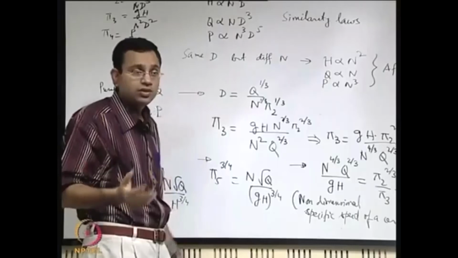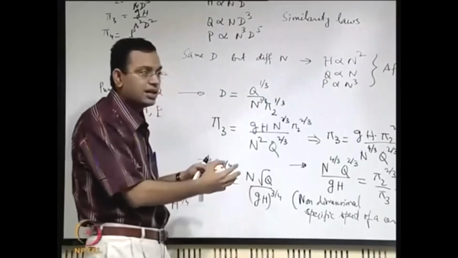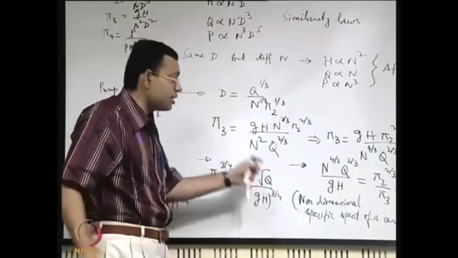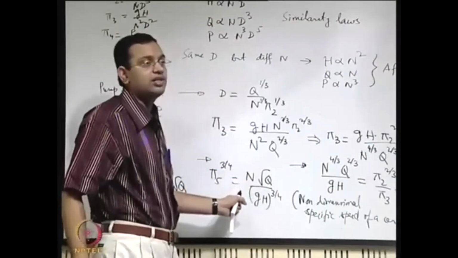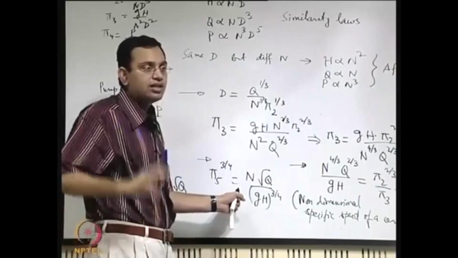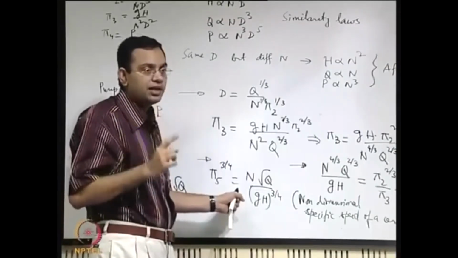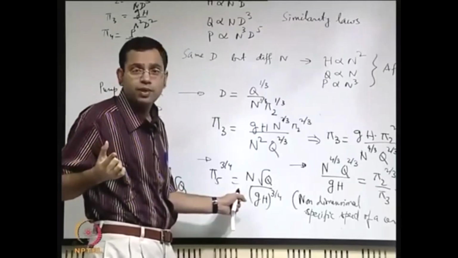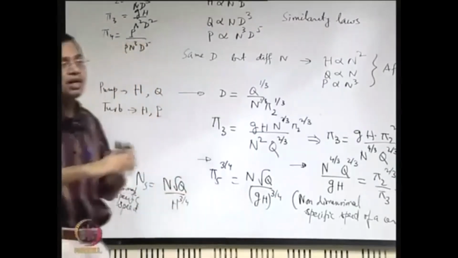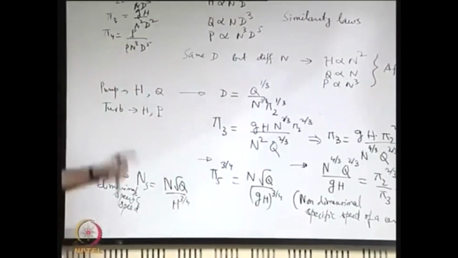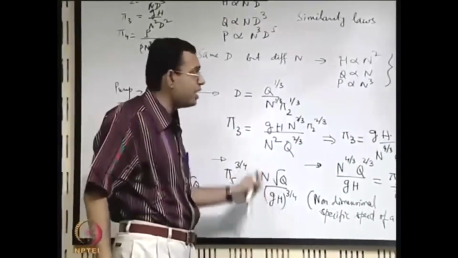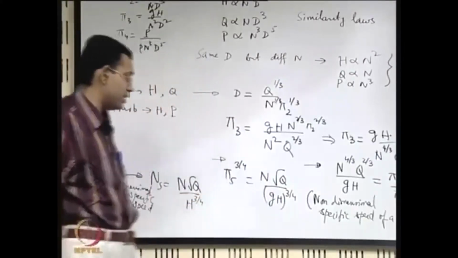That is why this parameter is considered a very flexible parameter which does not contain explicitly any information on the geometry. Therefore, it is not always necessary that you compare the specific speed of one pump with another geometrically similar pump. You may even compare with a geometrically dissimilar pump, provided these are the important characteristics, and yes, for a rotodynamic device these are the important characteristics.